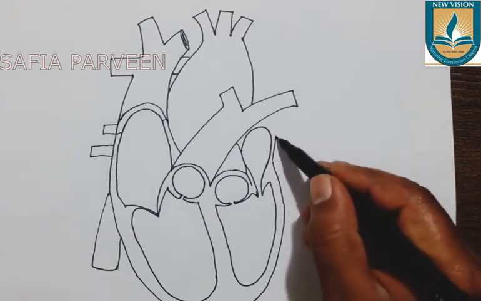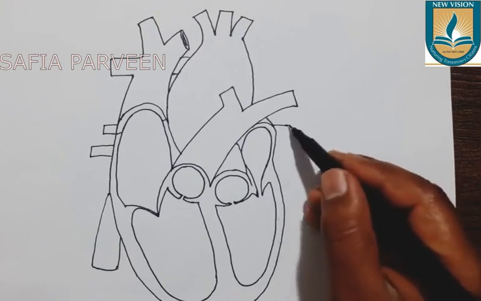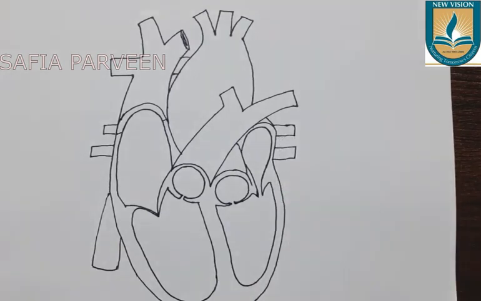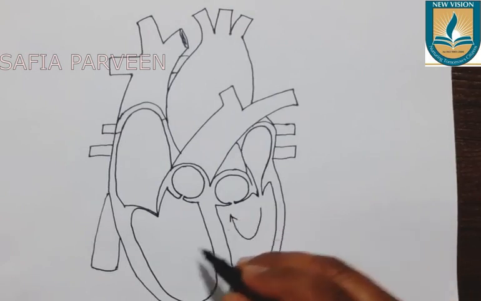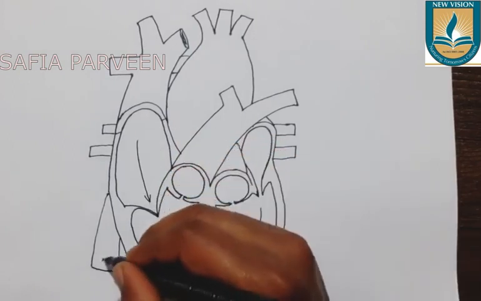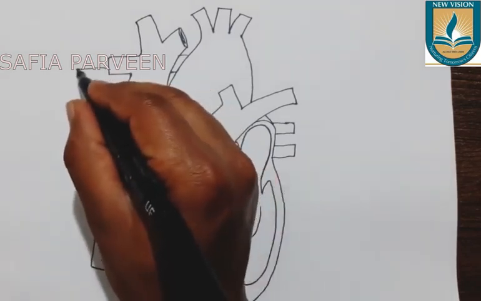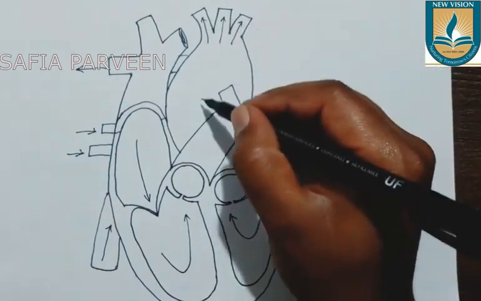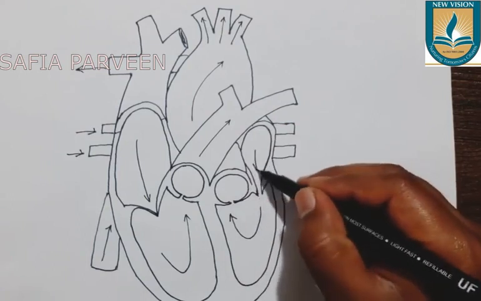Pulmonary veins on either side. These arrows show the movement of blood. So with this, children, the structure of your heart is completed. Keep practicing again and again.